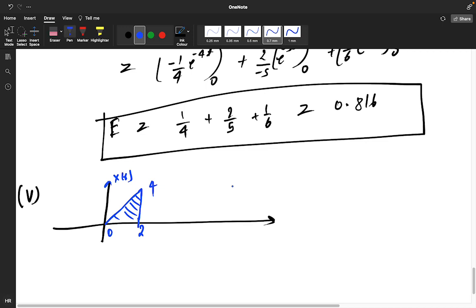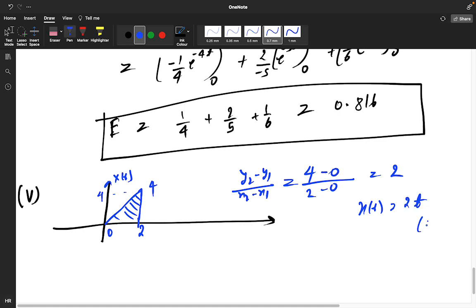Can anyone tell me what the slope is? How do we find the slope? y2 minus y1 divided by x2 minus x1. The y2 value is 4, minus y1 value 0, x2 value is 2, and x1 value is 0. So 2 is the slope. What is the meaning? The meaning is that your x of t is nothing but 2t.